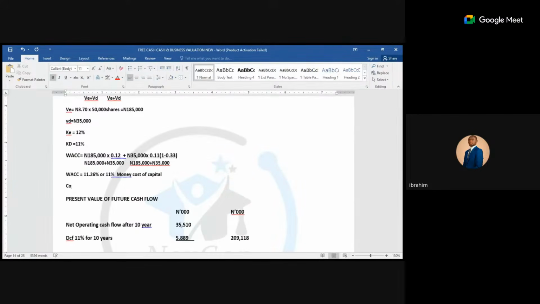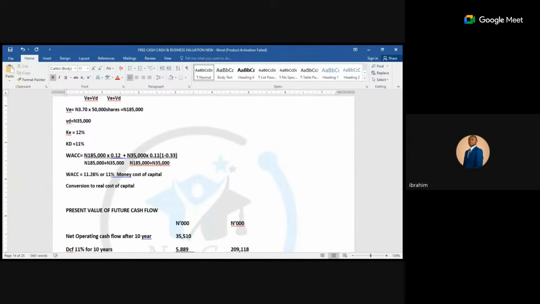Conversion of money to real cost of capital. So real cost of capital. What is the formula? 1 plus m divided by 1 plus i, minus 1.